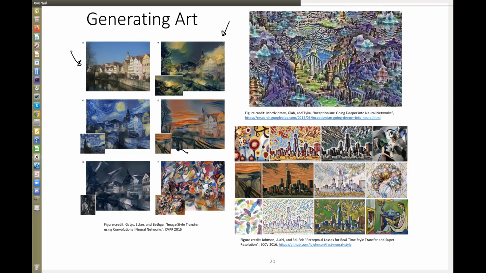Like this one, a famous one, I forgot by whom, probably Picasso, Starry Night. You can extract the style here, and then combine this style with this painting or this photo to generate a different image. And these are some other examples here.